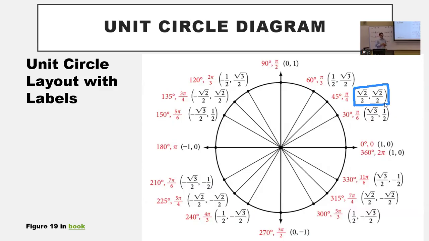In other words, my x value and my y value are the same. A lot of people get thrown off by that, but a ratio of 1 means the x and y are the same. So we're getting pi/4 as our angle in radians.